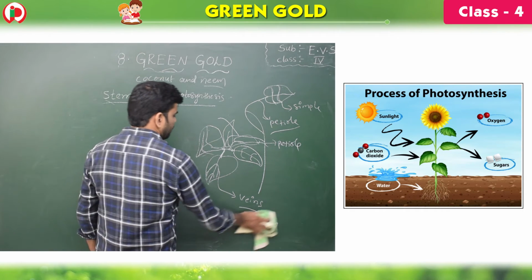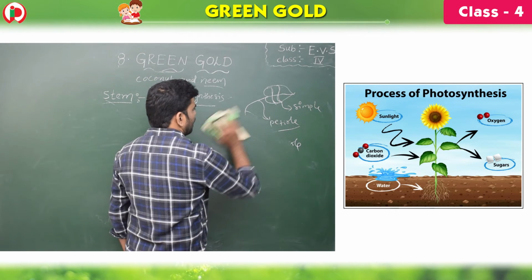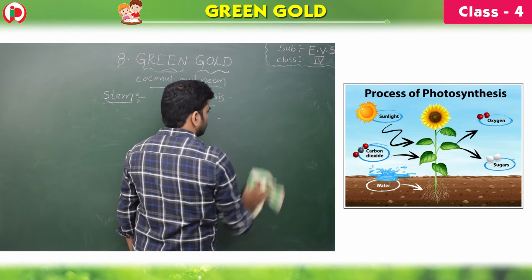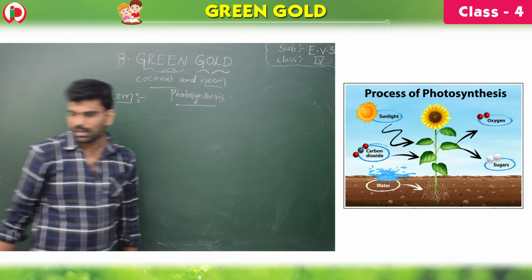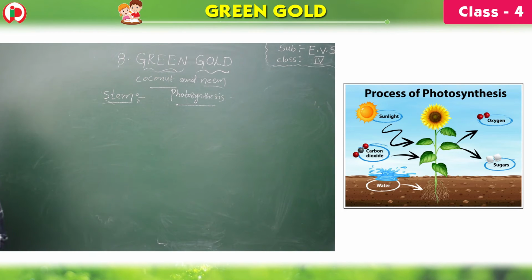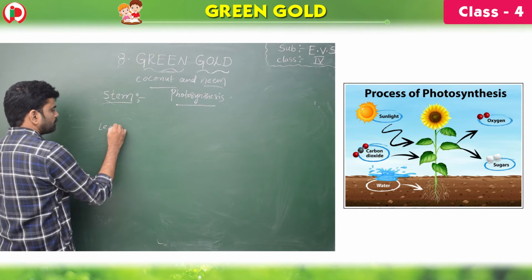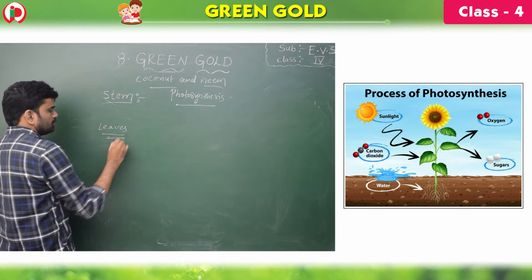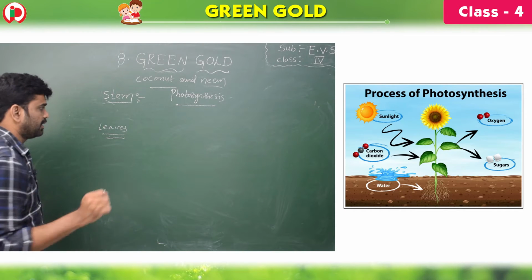The leaves are the factories of food production. They are also called powerhouses. You know that leaves allow sunlight, water and air.